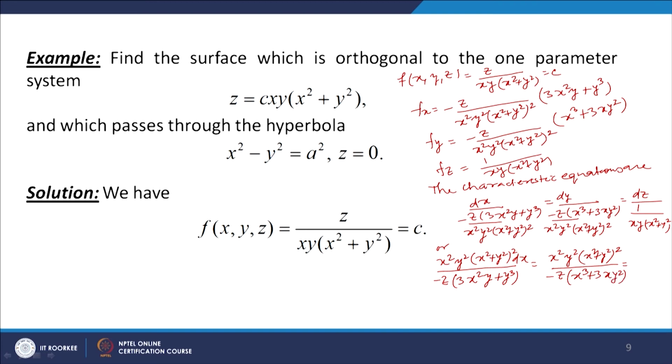And here this is dy, and here we have xy into (x square plus y square) into dz divided by 1.